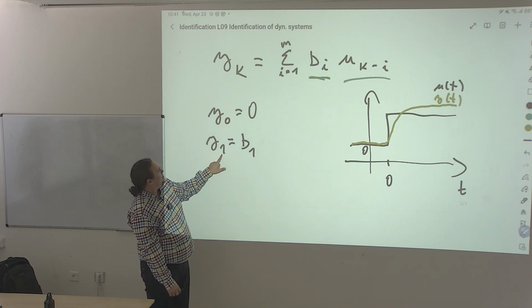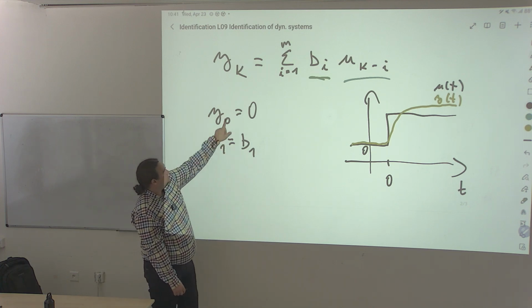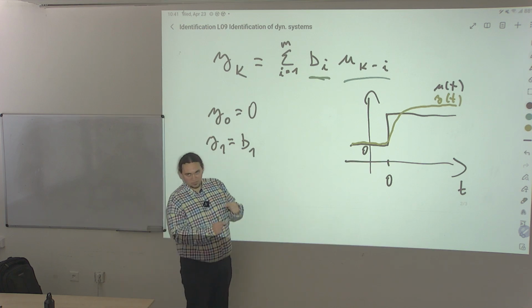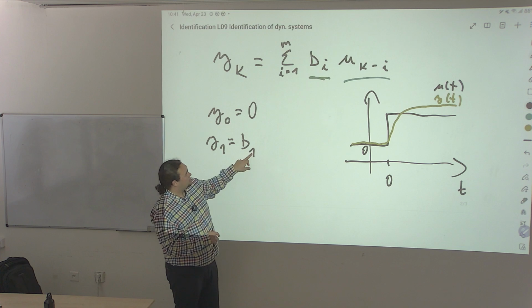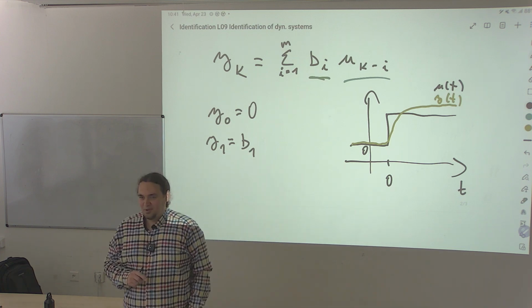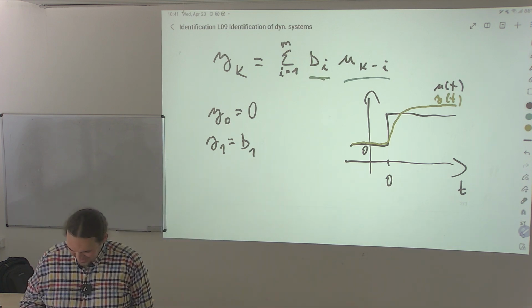Because our k is 1, and we are just doing the first summand from the sum. So i is 1. This one is the easy one.